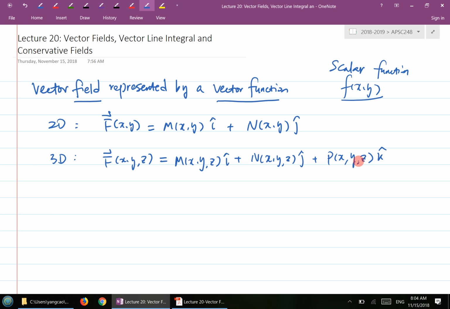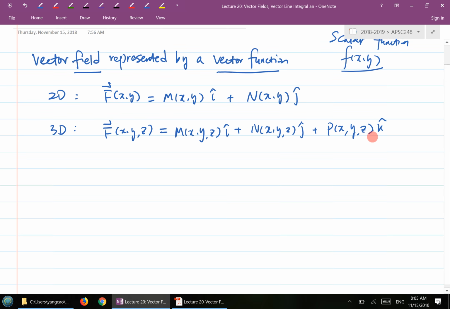So that's a 3D vector function, and you could extend to any dimensions you want, but we can only visualize up to 3D here. So that's vector functions. Whatever scalar function you have, you can put it over here and construct a vector function. And a vector field is basically when you visualize this vector function, and it gives you a field. That's what we call the vector field.